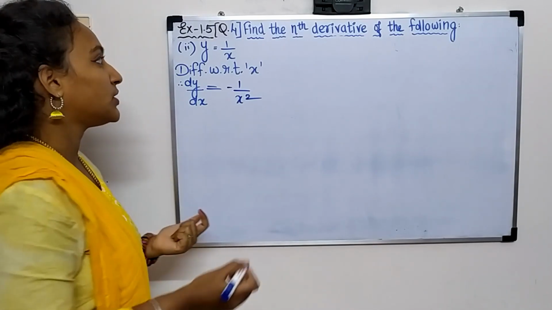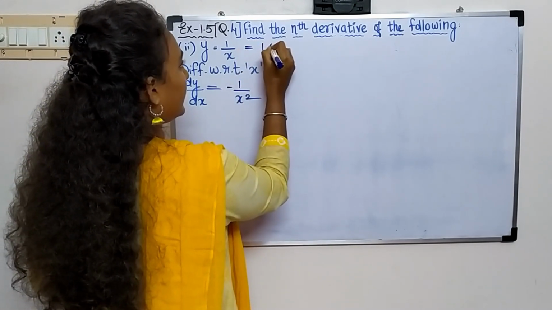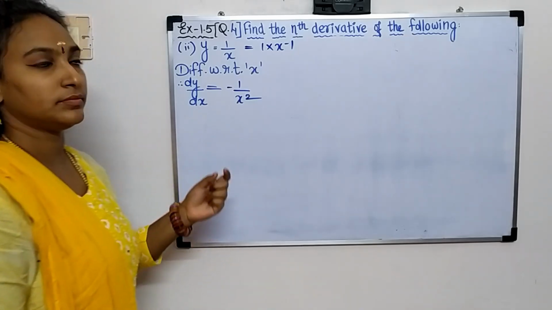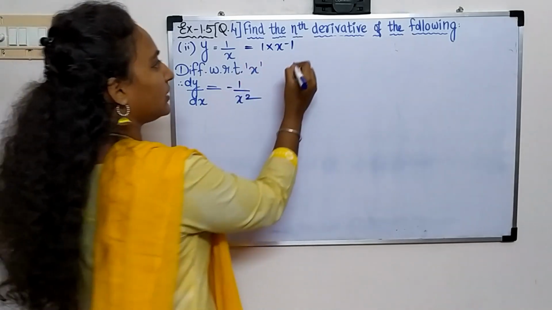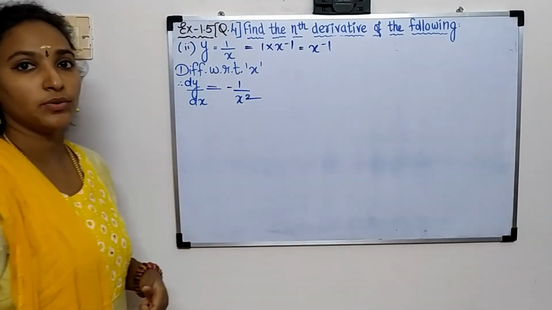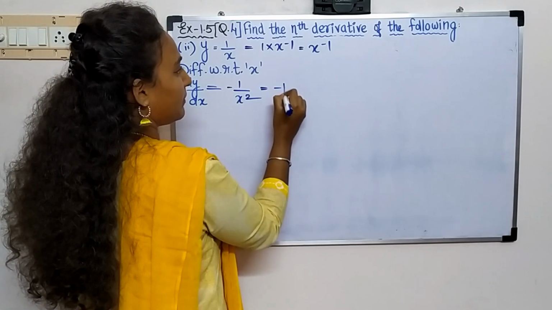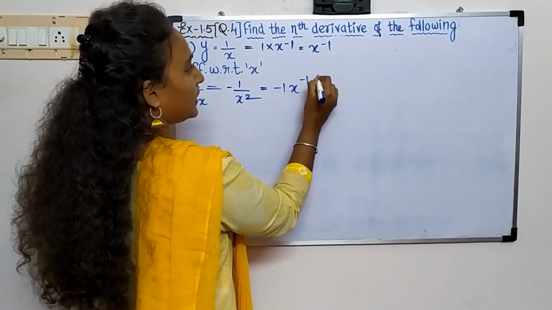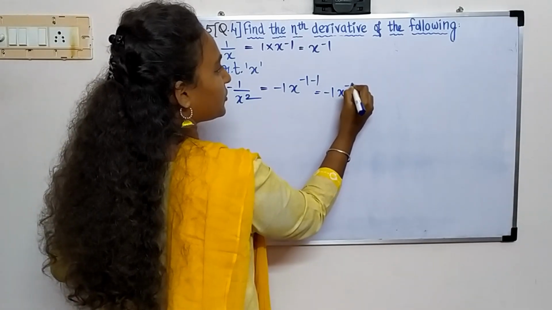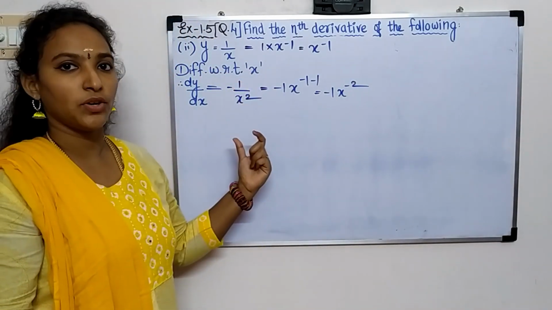If not, we can solve the other way also. This will be 1 into x raised to minus 1, or we can write it directly as x raised to minus 1, which is nothing but minus 1 x raised to minus 1 minus 1, which is equal to minus 1 x raised to minus 2. Either way you can solve.